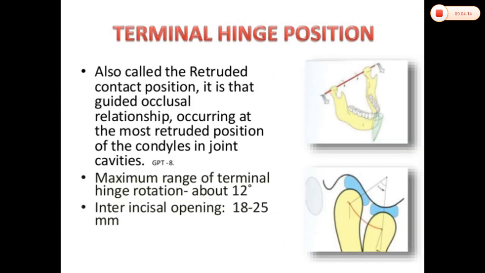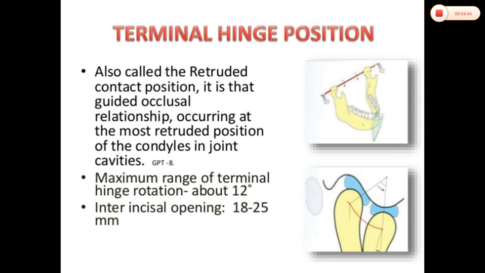So this terminal hinge axis is one of the imaginary axes around which the mandible rotates. This is exactly the guided occlusal relationship occurring at the most retrograde position of the condyles in the glenoid fossa.